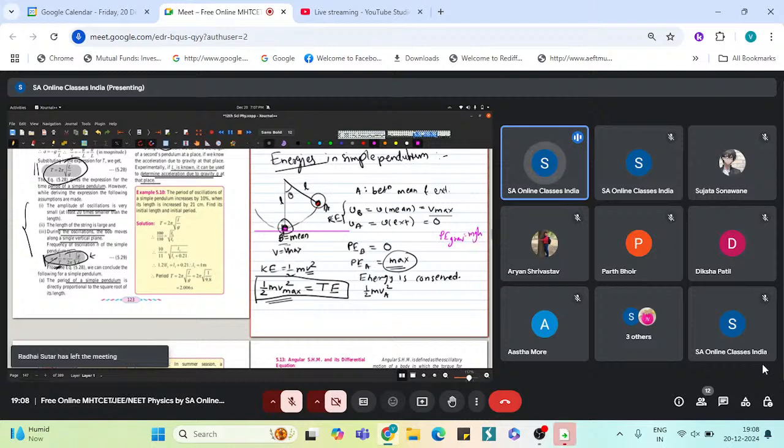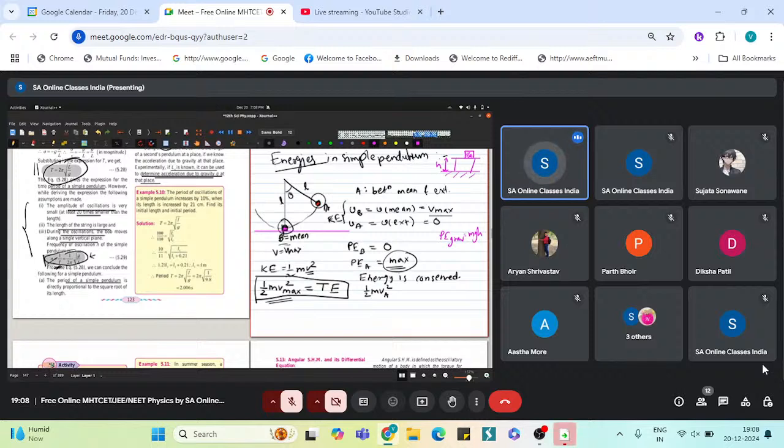If this is your ground and your box is somewhere on a table, then the potential energy of this box is mg into this height h. This is something you have probably learned already. We are going to use the same formula here, and for the mean position h is just zero, because the bob is almost touching the ground. And because of that the potential energy is zero.